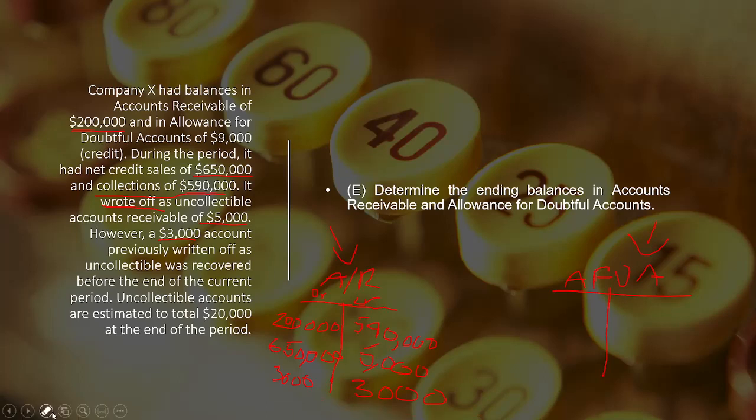So what we have to do now is sum up each side and take this side right here minus this side. Just give me a second. So the end balance would be 255,000.